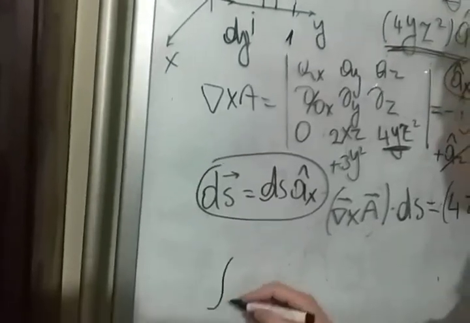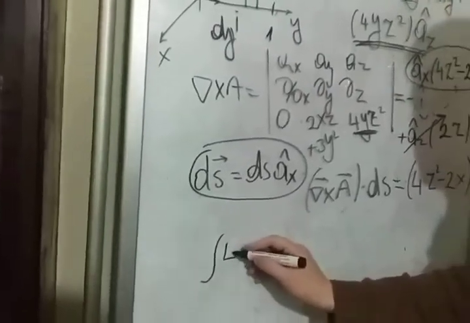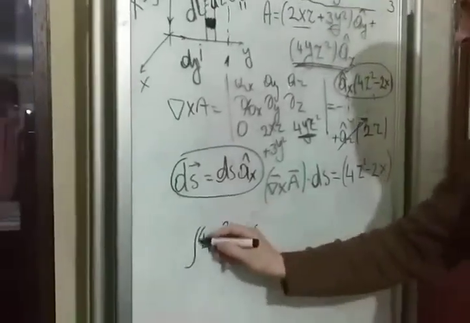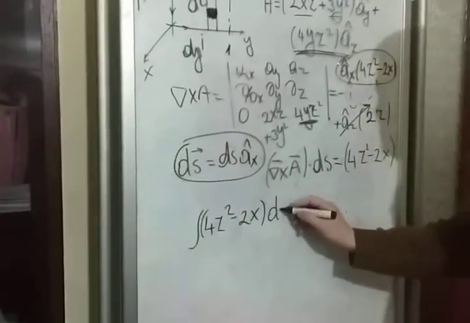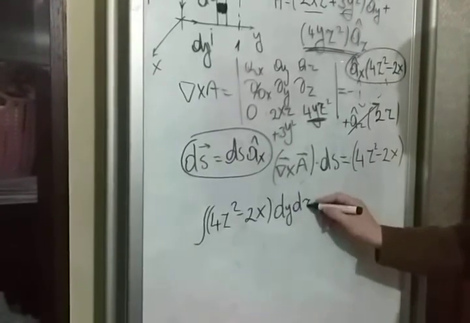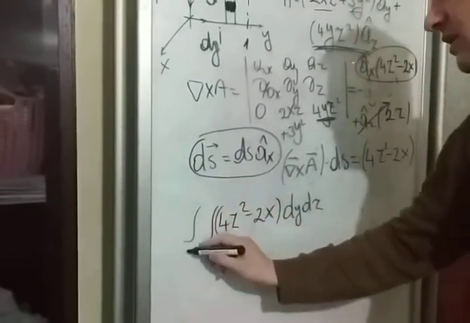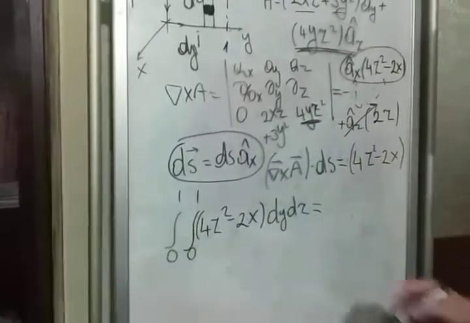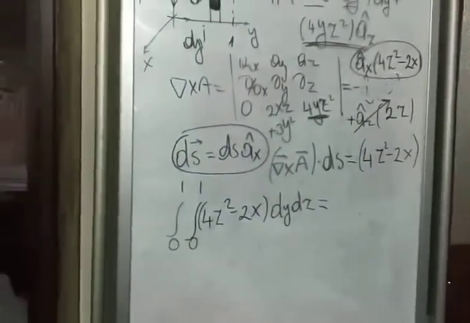So whenever we integrate, we're going to have here 4z squared minus 2x, and we integrate dy dz, and we have a double integral. They both go from 0 to 1, and let's see what we get.